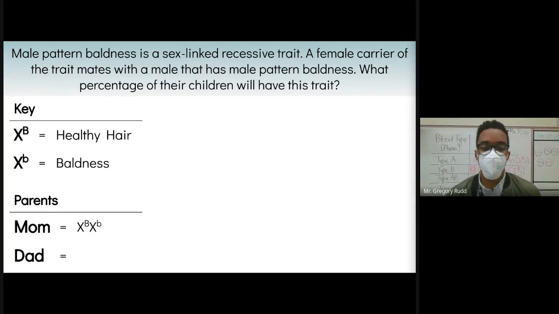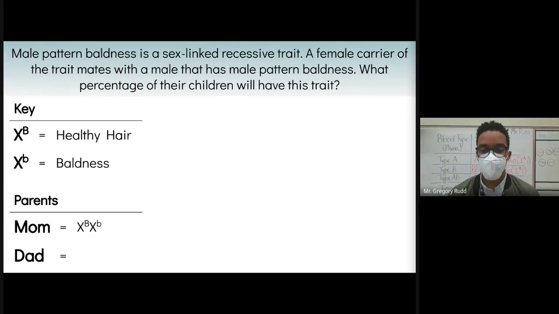And then what do we know about the dad? What do we know about the father? Janelle, you said it. Yes, he's got this baldness. So what is his genotype in that case? Okay, now Melissa said the same thing as Janelle, but we need to be careful because dad is a male. So he doesn't have two X's.